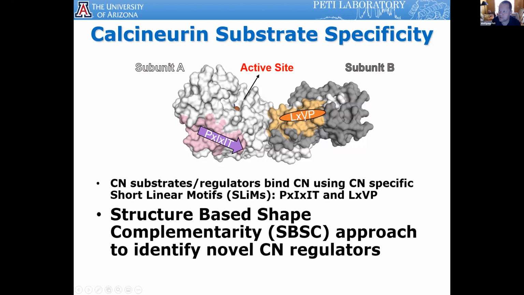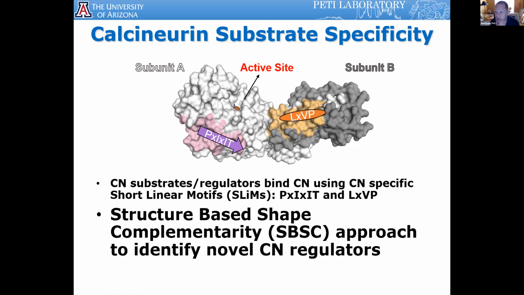And these sequences are part of substrates. These sequences are part of inhibitors. These sequences are part of any regulatory protein that wants to bind on specific complementary grooves on the surface of calcineurin. And because these grooves are so specific, we've developed a technique that we call a structure-based shape complementarity, or SBSC approach, to identify novel calcineurin regulators.